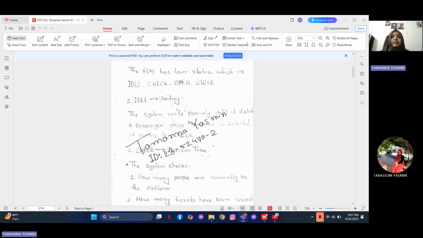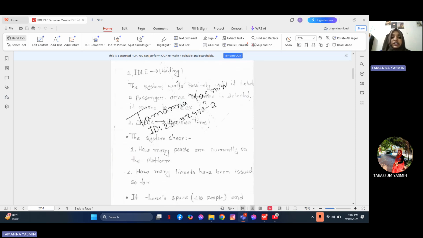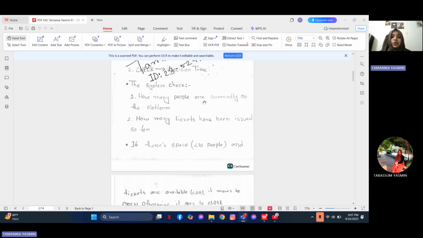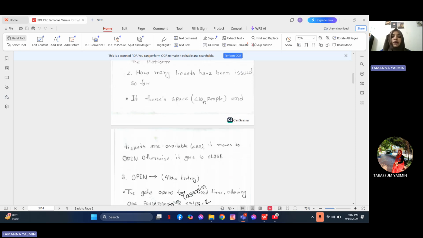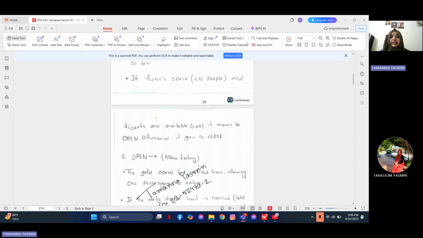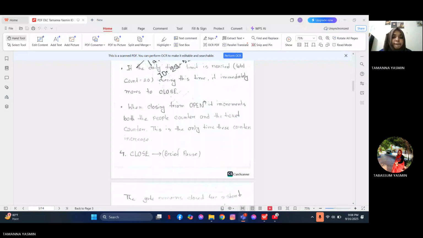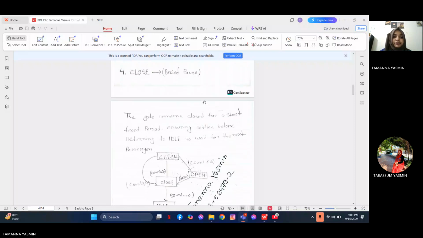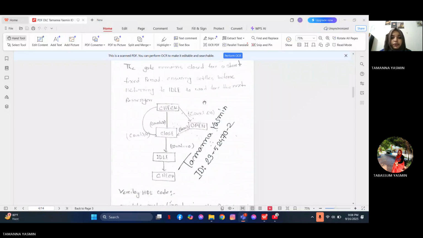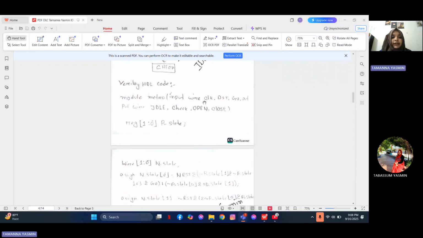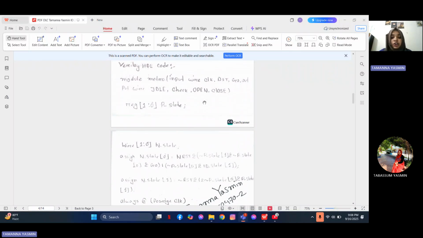The system must also close after 20 tickets are issued for the day. So while in the open state, it waits for a special down signal from the counter. Once the down signal is received, it transitions to the closed state and finally back to idle. I then translated the logic into Verilog HDL code.